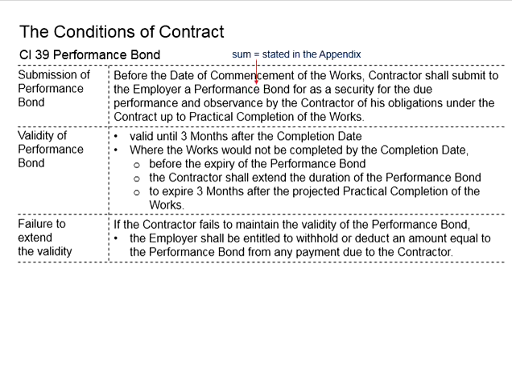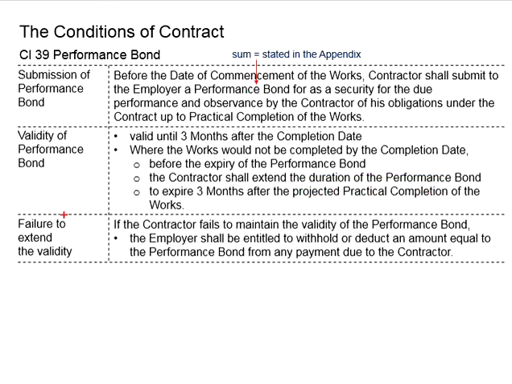Knowing he cannot complete the work on time, after the initial completion date plus another 3 months, the performance bond is no longer valid. With that, the contractor will have to extend the duration before the expiry of the performance bond up to the new practical completion date, which is projected based on the work progress. Additional 3 months shall be added after the projected practical completion of the work.